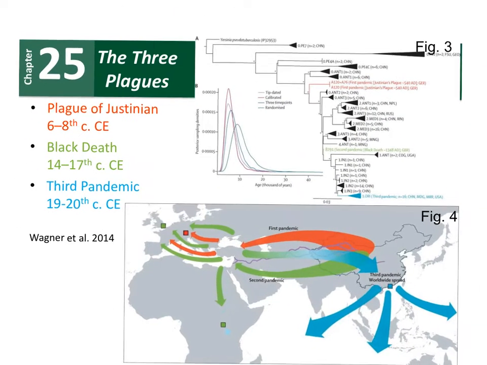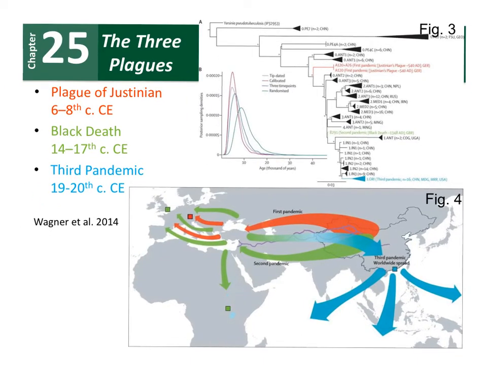It actually turns out we know what caused the plague. It's a bacteria called Yersinia pestis. And we've recovered this DNA from this bacteria from people from 3 different plague events. The first one was the Justinian plague between the 6th and 8th century at the end of the Roman Empire.